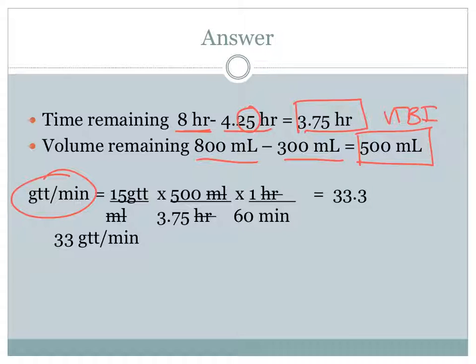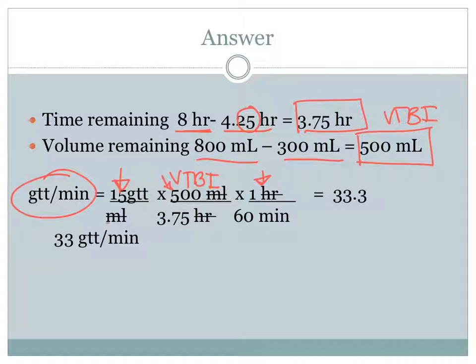So we know in the previous slide it stated that we had a 15 drop per mil set. Multiply that by the volume to be infused, which is the 500 mils, over 3.75 hours. Again, we have to convert to minutes, so we multiply by 1 hour over 60 minutes.